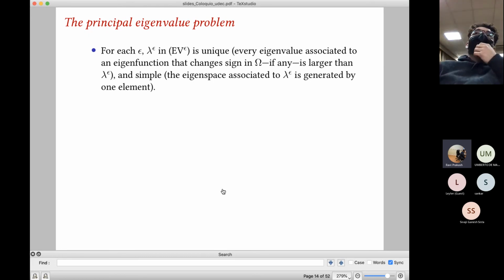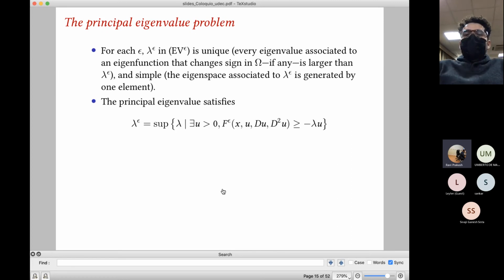So any positive solution will be unique, save for a multiplicative constant. It can also be characterized by an extremal characterization as the supremum of lambdas such that there exists a positive subsolution to the problem on the right.